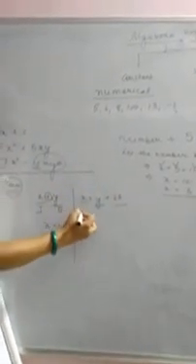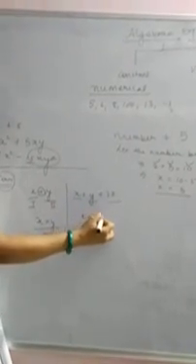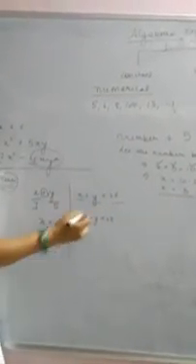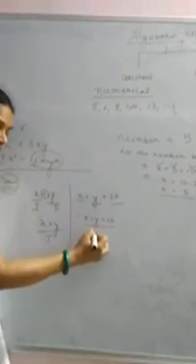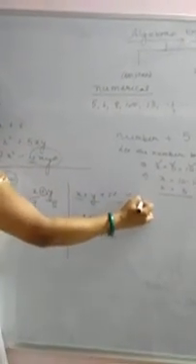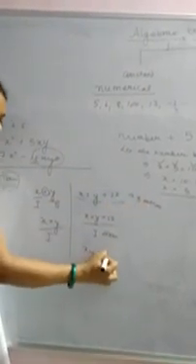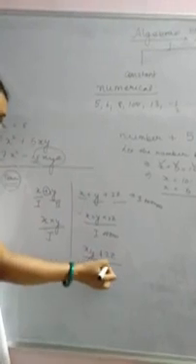But if I write x into y into 2z, it is only 1 term. Here 1 term, here 3 terms. And if I write xy plus 2z, then it is 2 terms. 1 term over here and second term over here.